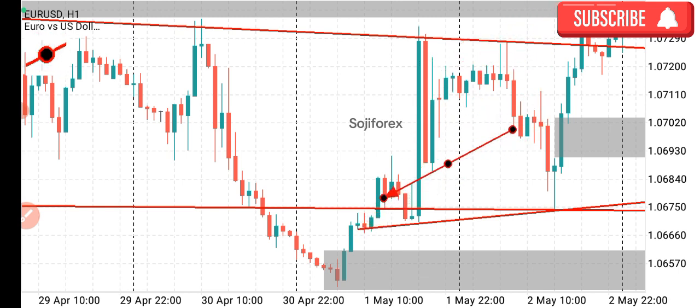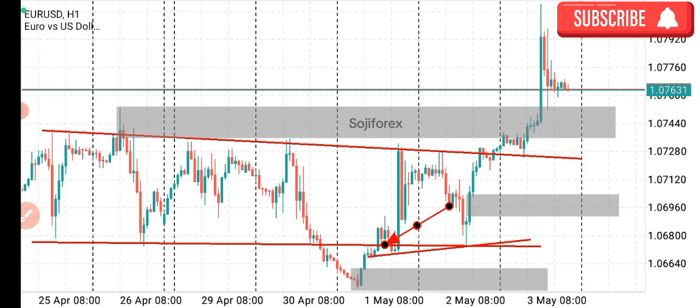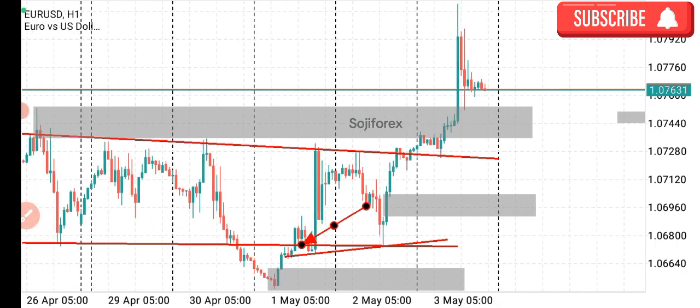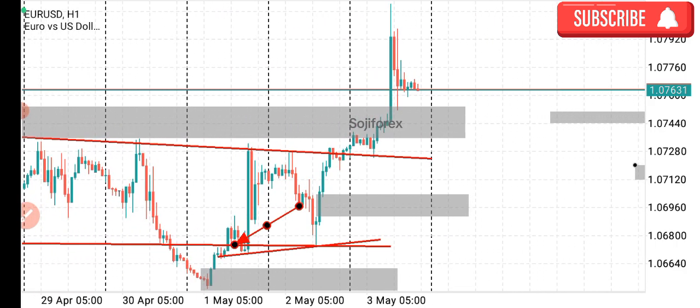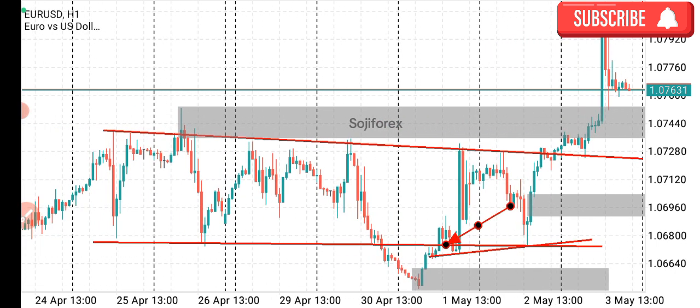Remember, we say price breaking out of a confined zone is what we regard as our breakout. Now, having confirmed this breakout, the next question is how do we make our entries.